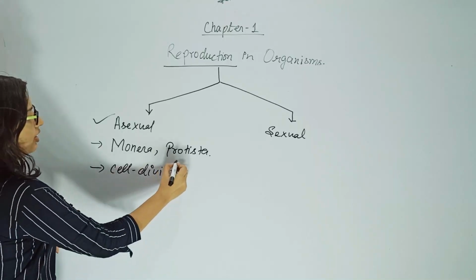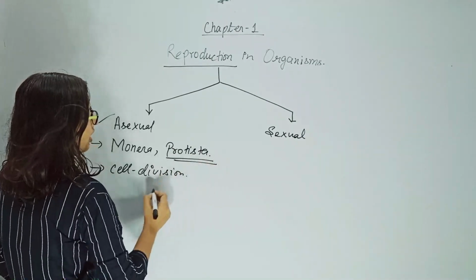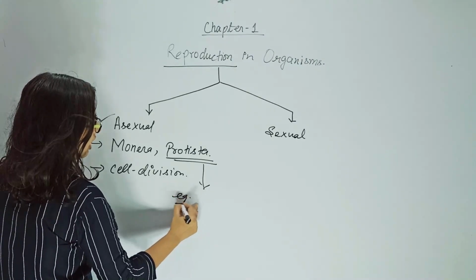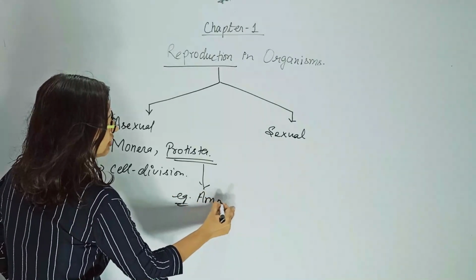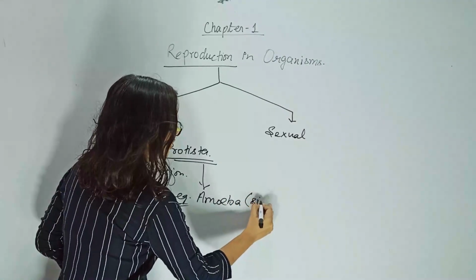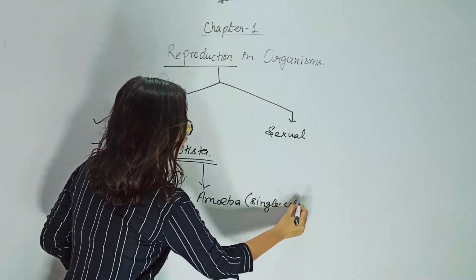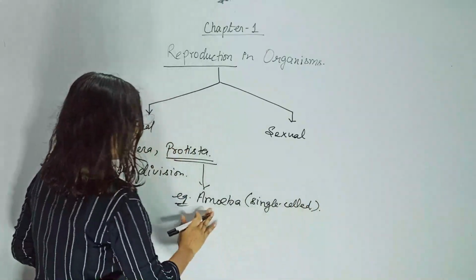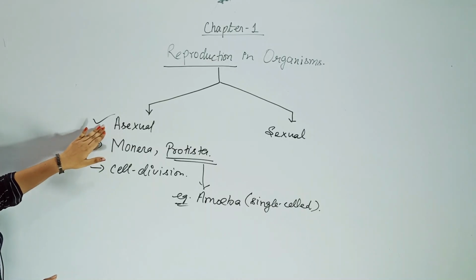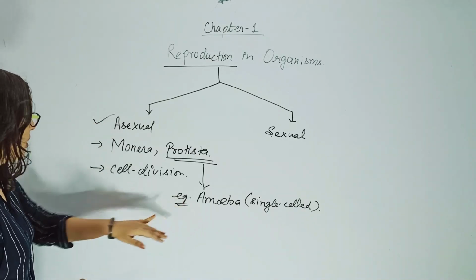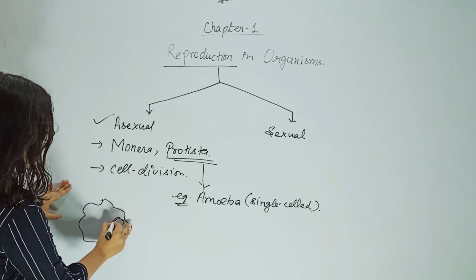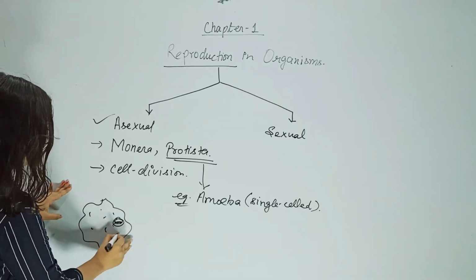For example, if we take Protista, we are taking an example of amoeba. Amoeba is a single-celled organism. So how does amoeba undergo asexual reproduction? In the amoeba, suppose this is one amoeba. There is a nucleus, there will be cytoplasm.